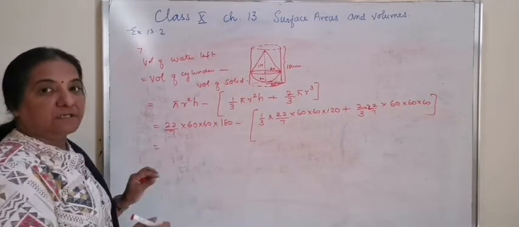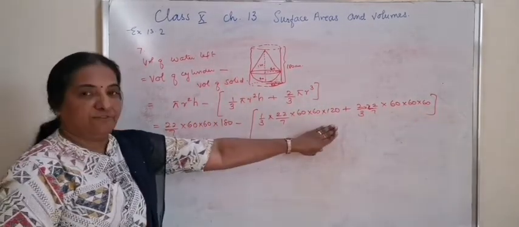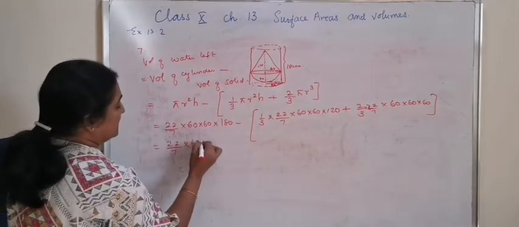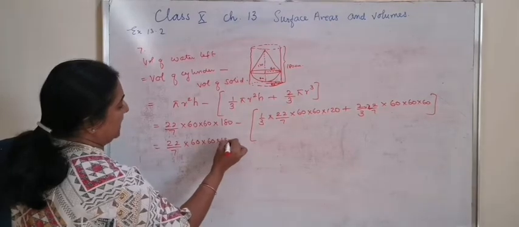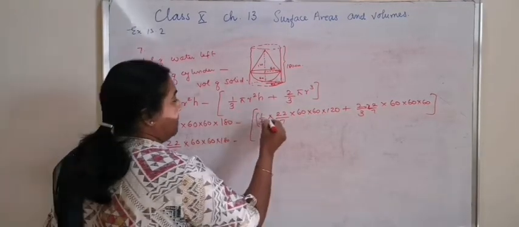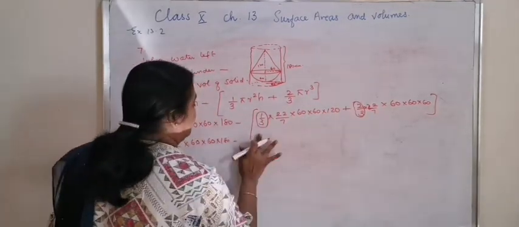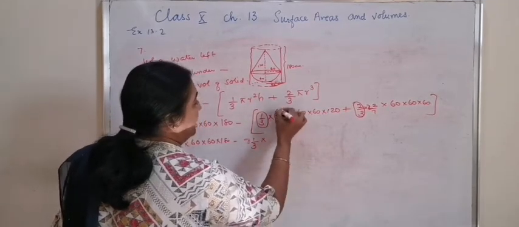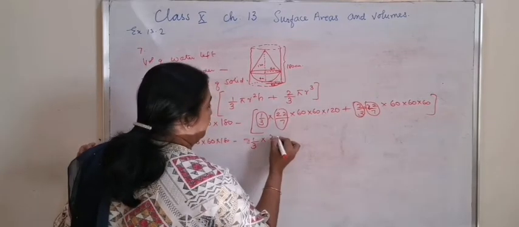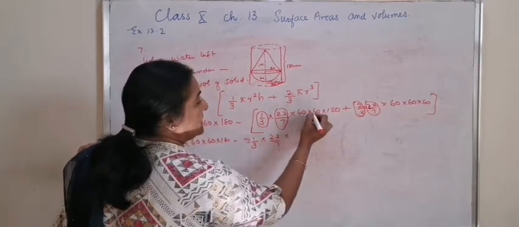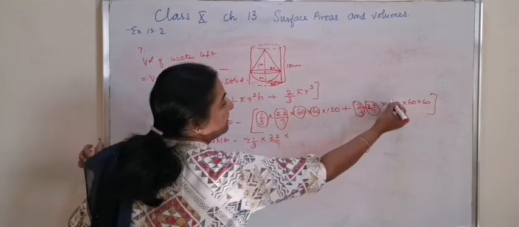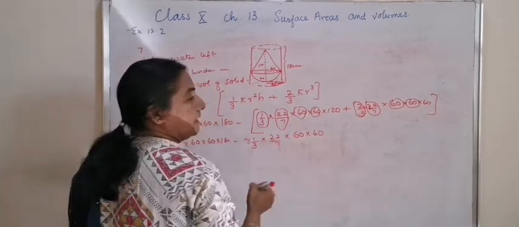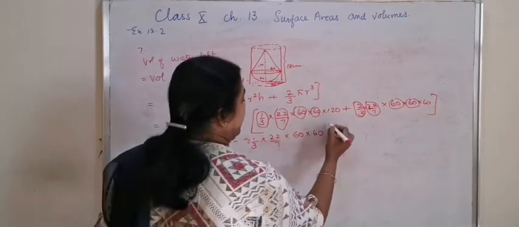Let's simplify this part towards the end. Let's take the common factor from these two parts first: 60 into 60 into 180 minus 1 by 3 and 2 by 3. Take 1 by 3 as a common factor, 22 by 7, 60 into 60. Into 60, that is 120, let it be there.